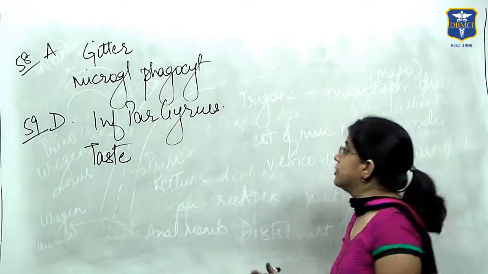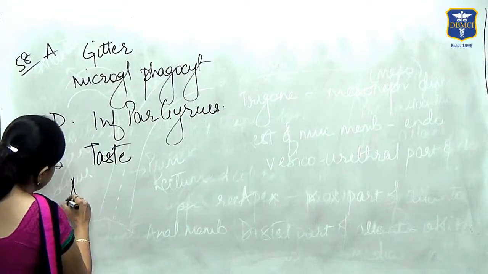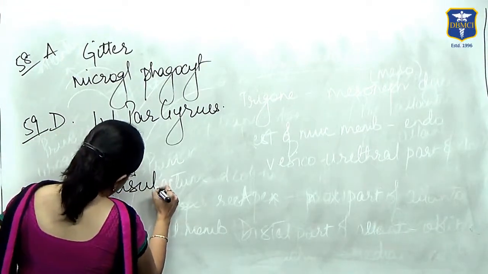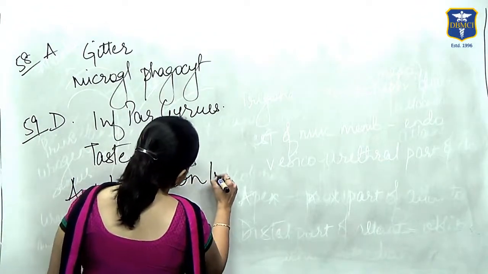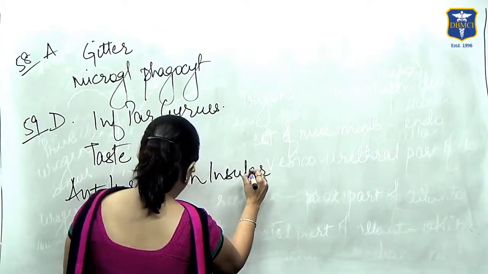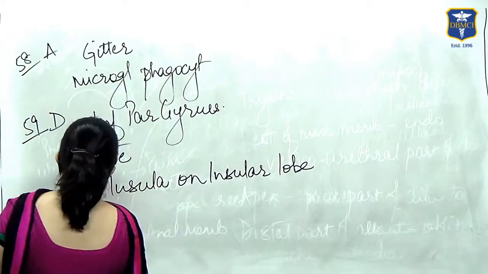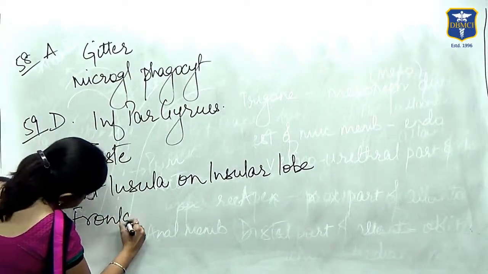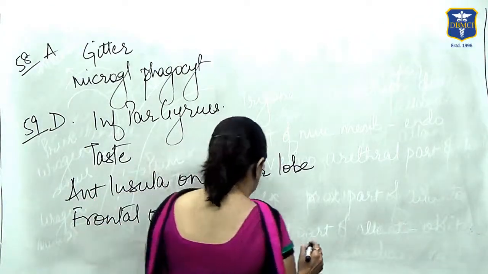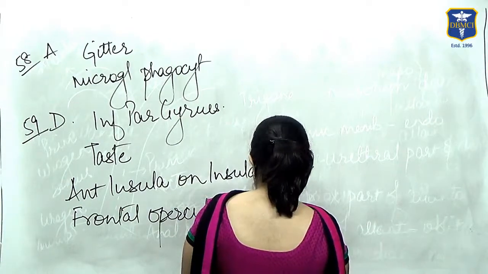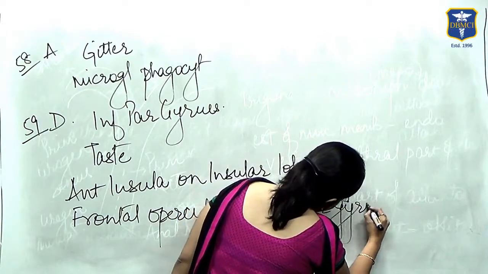It consists of two structures, the anterior insula on the insular lobe and the frontal operculum on the inferior frontal gyrus.